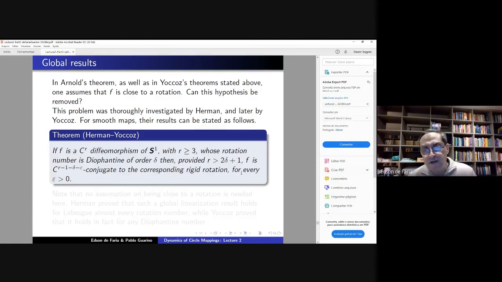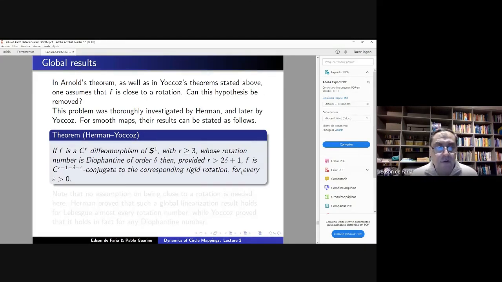What do I mean by Diophantine of order delta? I mean that alpha minus p over q in absolute value has to be greater than or equal to a constant divided by q to the power 2 plus delta, okay? So instead of having that nu that I wrote before in Arnold's theorem, I'm replacing nu by 2 plus delta, so I'm looking at delta, okay?